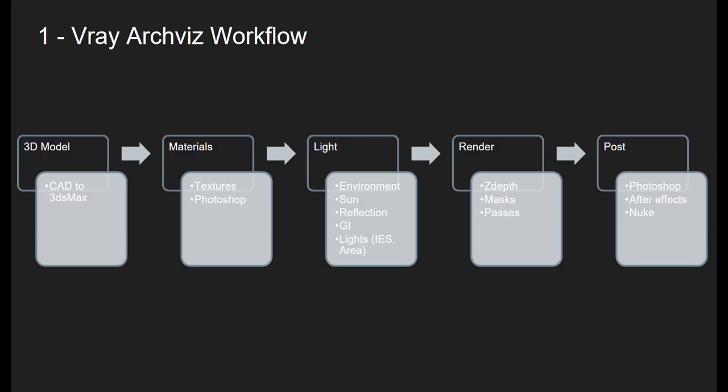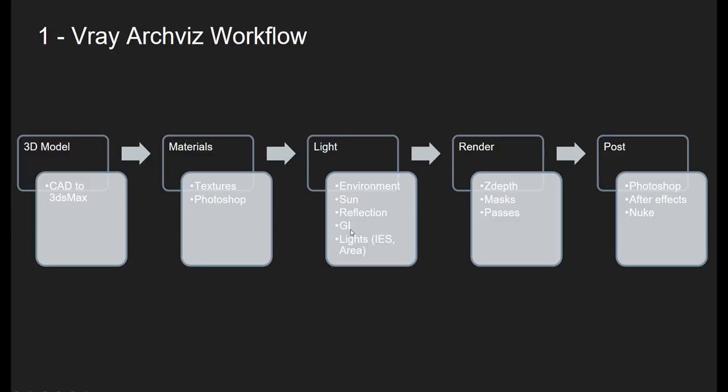This is all stuff that we're more or less familiar with. We've got the 3D model that we will have either modeled in Max or used from a CAD software like Revit. We bring the materials over, nothing fancy, we just do our textures, use Photoshop for any tiling and so on, and then bring in the lights.